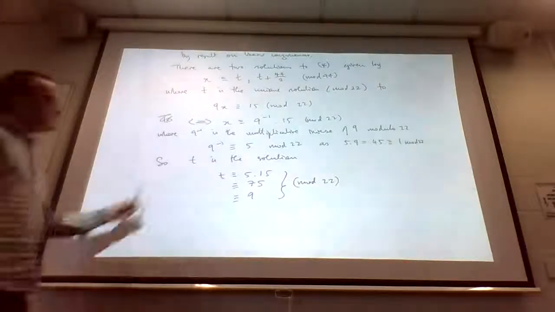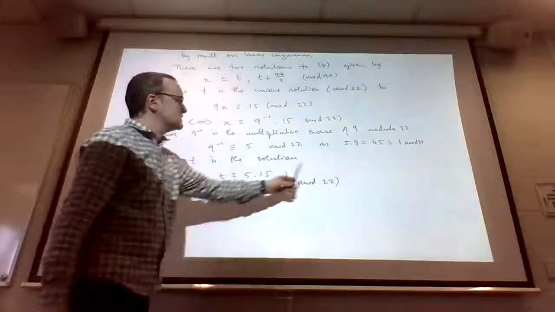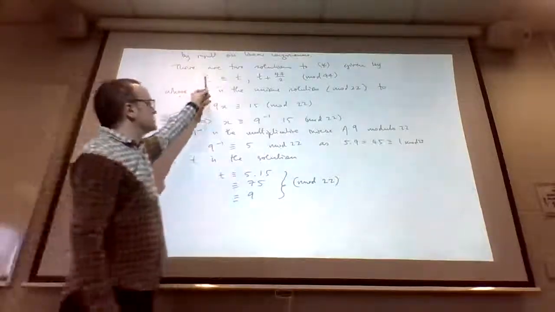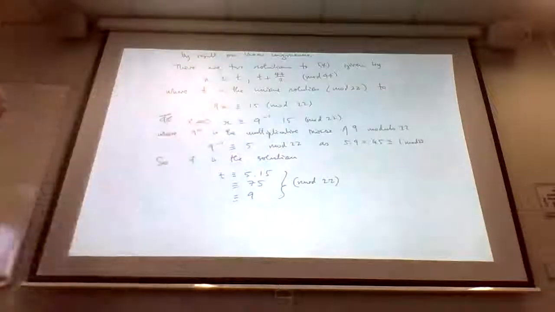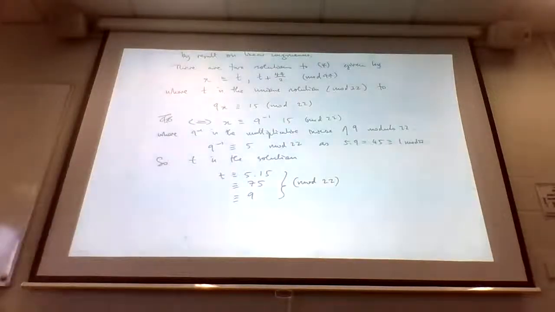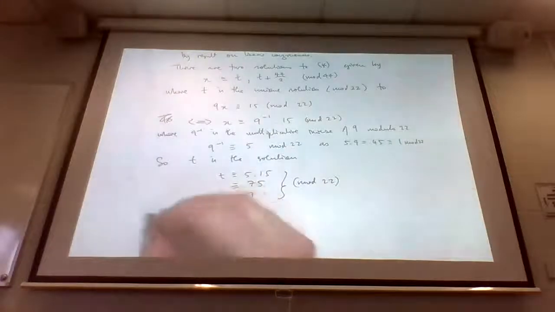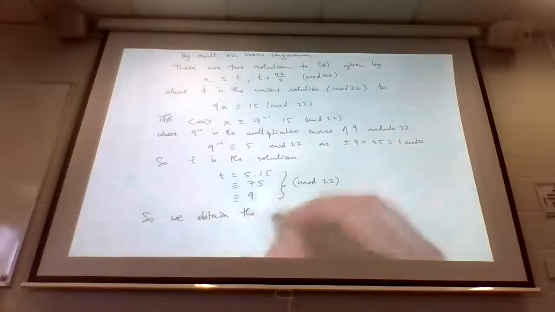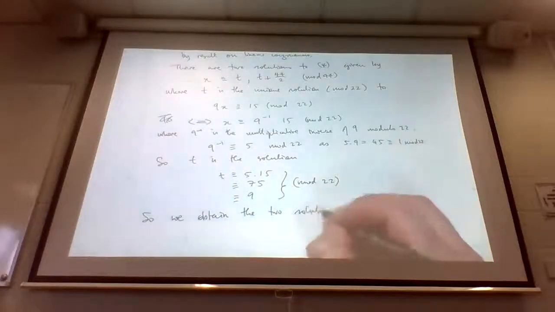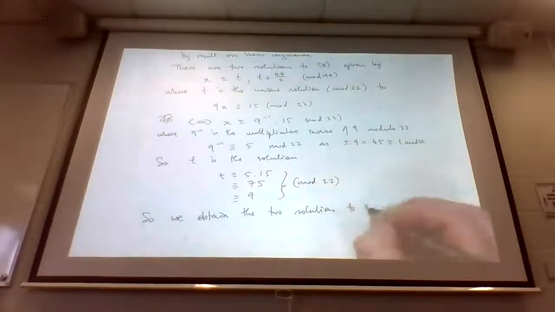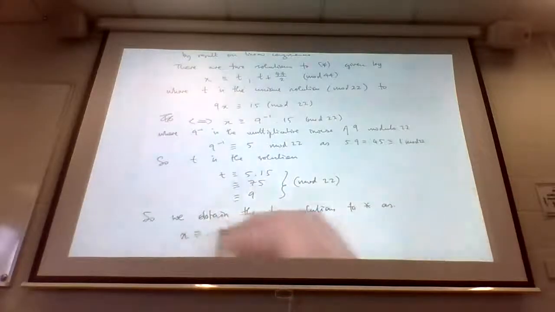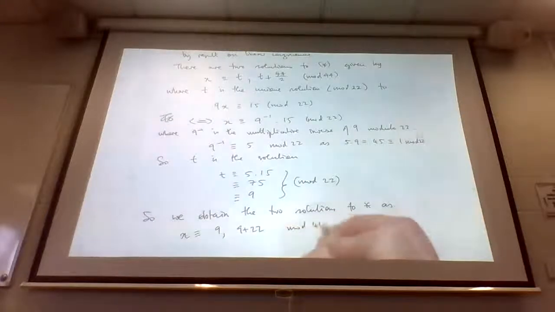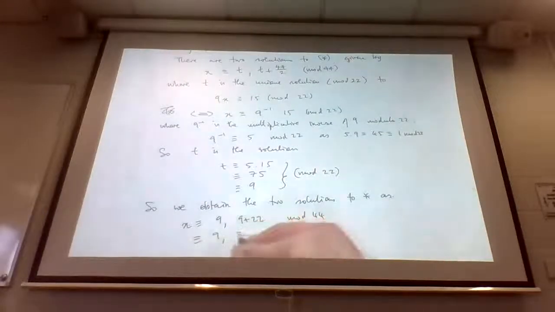So now we've got our unique solution mod 22 to the reduced congruence, and this solution is going to generate 2 solutions to the original problem, the 9 and the 9 plus 22. So we obtain 2 solutions to start as x congruent to 9 and 9 plus 22 modulo 44. These are 9 and 34.